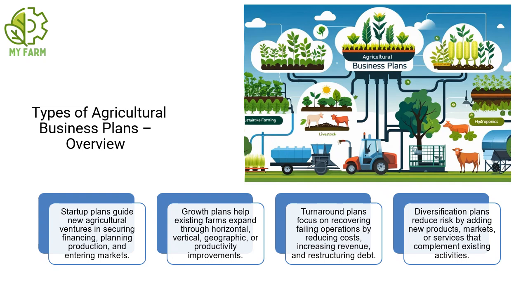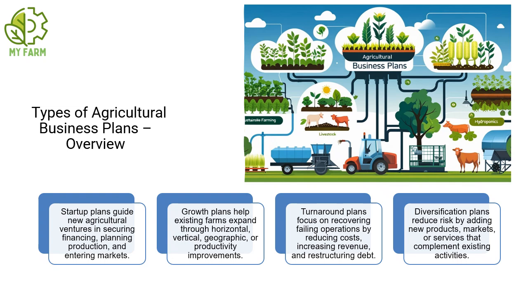Next, we have the turnaround plan, which is essential when a farm faces financial difficulties, declining yields, or operational inefficiencies. This plan focuses on restructuring, reducing costs, improving productivity, and restoring profitability.